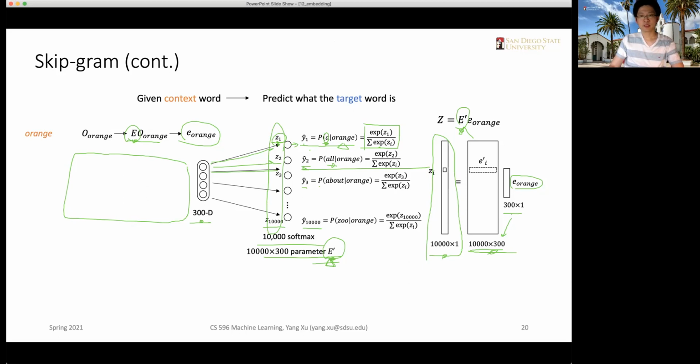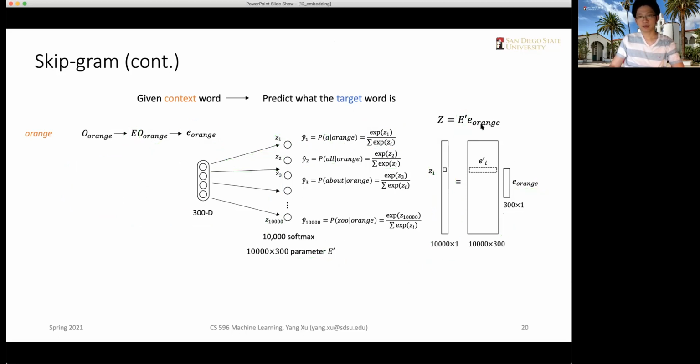If you look at the internals of E prime, each element Zi is just the ith row of E prime multiplied with the vector of orange. That is how each Z is computed. It's just the inner product of the ith row of E prime and the input 300-dimensional vector for orange.